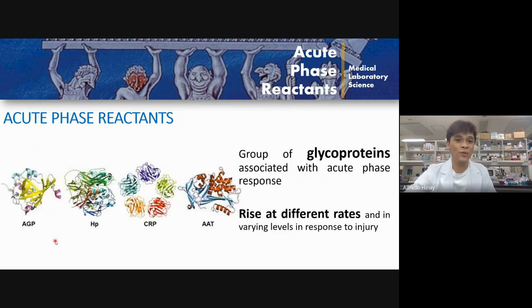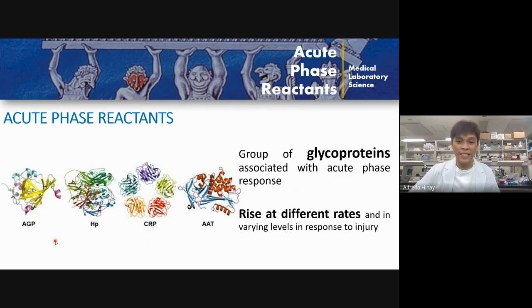So let's move to the characteristics of acute phase reactants. They are a group of glycoproteins associated with the acute phase response. These are glycoproteins produced by a certain organ, I'll show you later, in response to the acute reaction of inflammation.